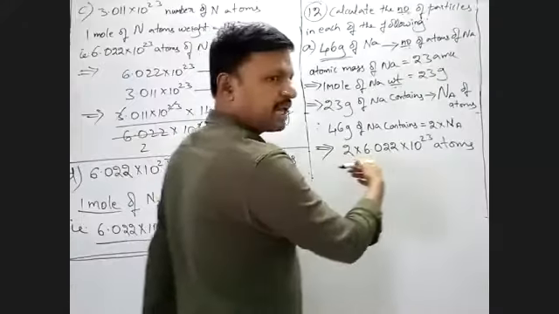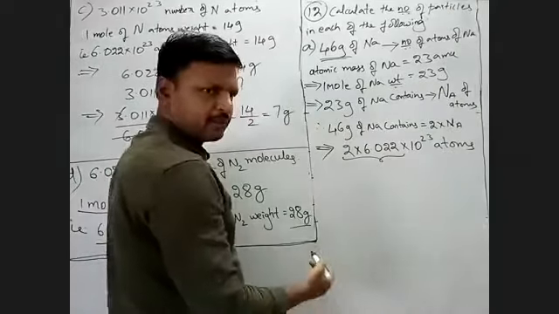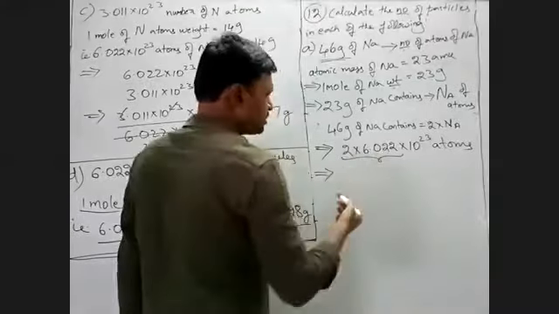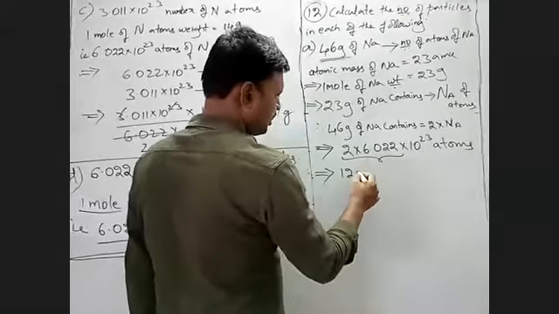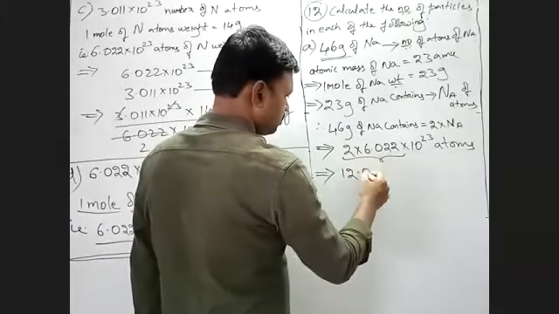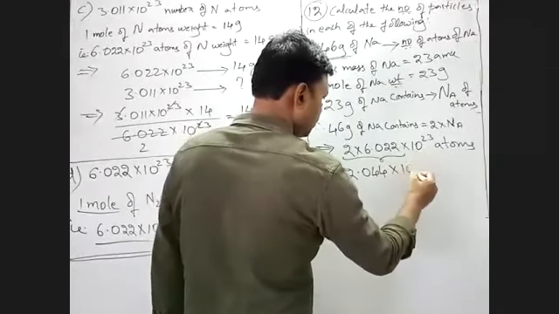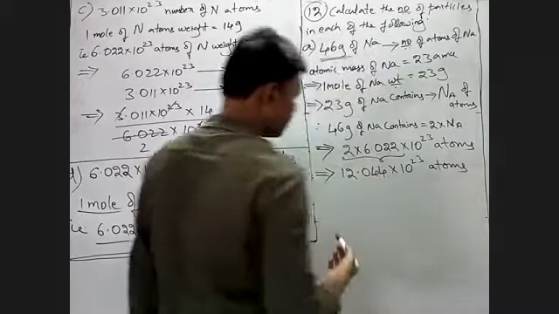You can leave it like this, or you can also do this multiplication. So 6 into 2 is 12.044. That is equal to 12.044 into 10 power 23 atoms. Okay, are you getting it?